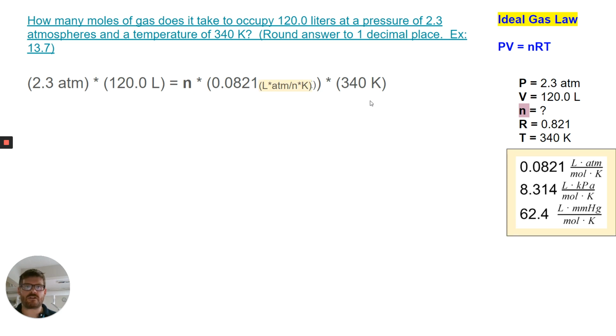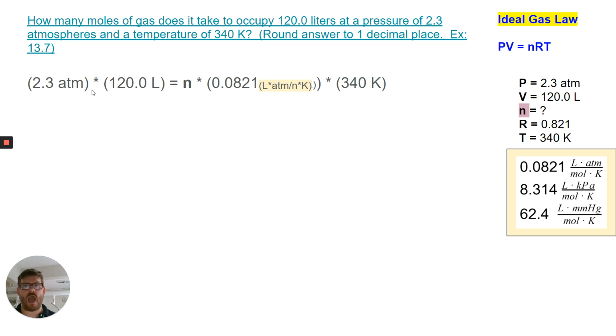The reason for this ideal gas constant, and here's the ideal gas constant for atmospheres, kilopascals, and millimeters of mercury, is that we need this to cancel out all of these other units. If we didn't have the units attached here, our final units would be kind of crazy.